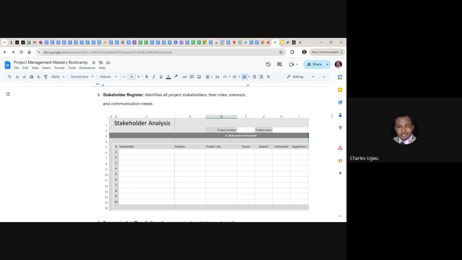Their role in the project and their position in the company will tell you the kind of power they have, so you write their power and the level of awareness. The first thing you need to do is capture the role and power first. Over time, you start using this document to manage the stakeholders.